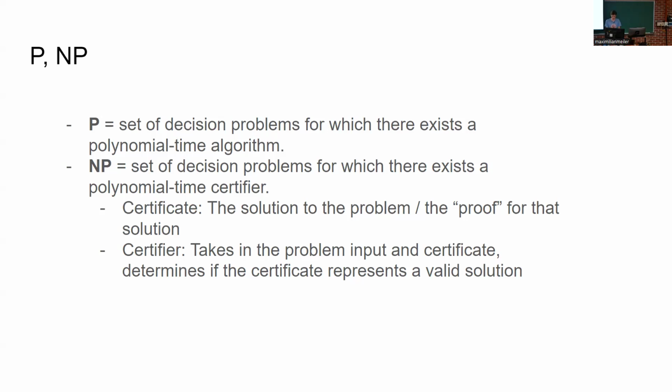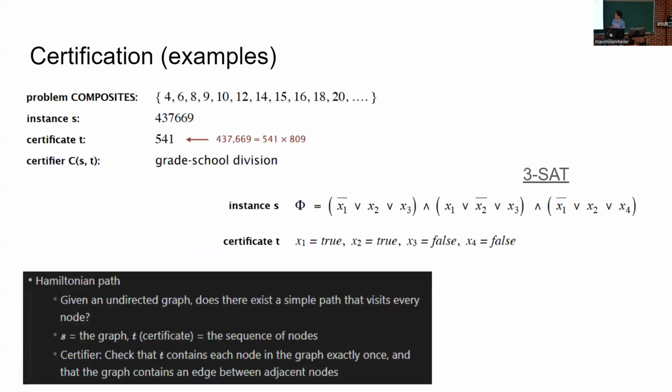I think it'll make a little more sense when we go over some examples. So say we have a number that's input into the certifier, and we want to know, is it composite?